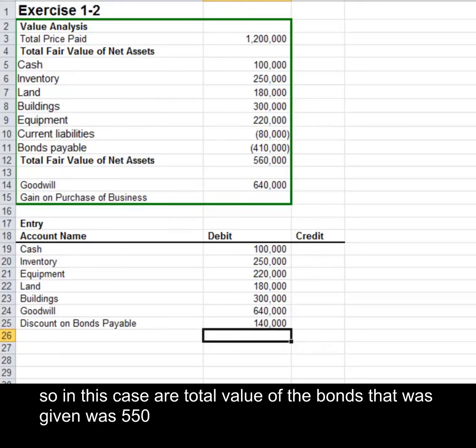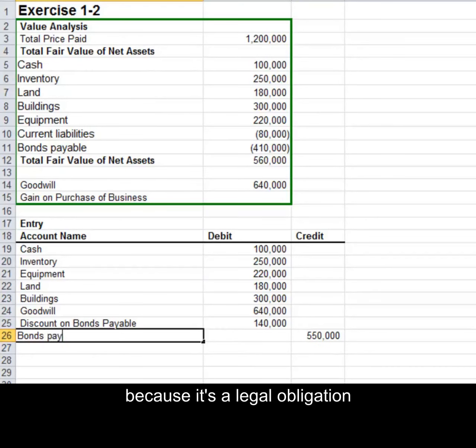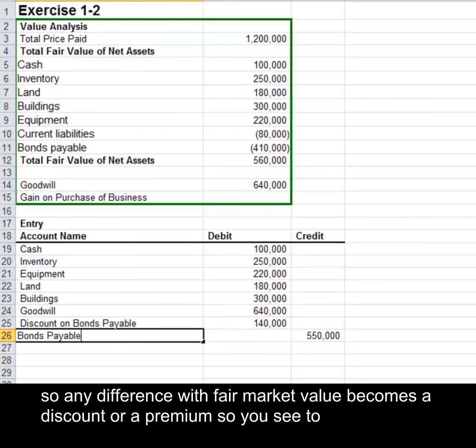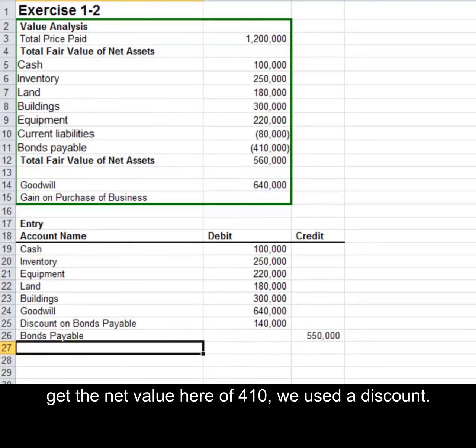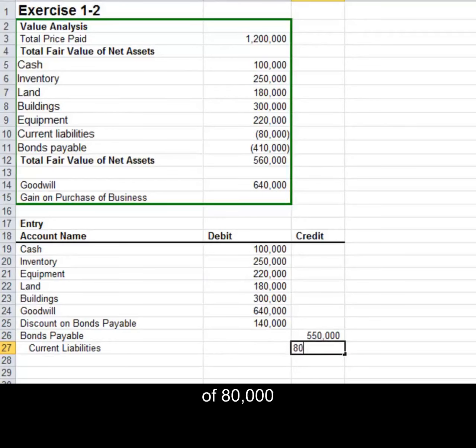So in this case, our total value of the bonds that was given was $550, and that has to be recorded as the bonds payable because it's a legal obligation. So any difference with fair market value becomes a discount or a premium. So you'll see to get the net value here of 410, we used a discount. Okay, our other liabilities here were the current liabilities of 80.